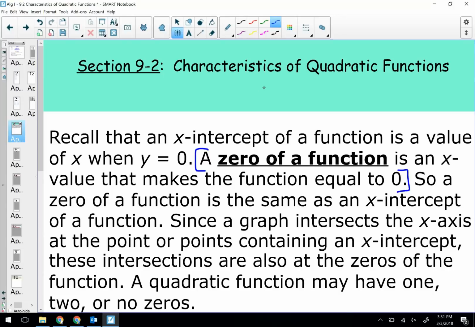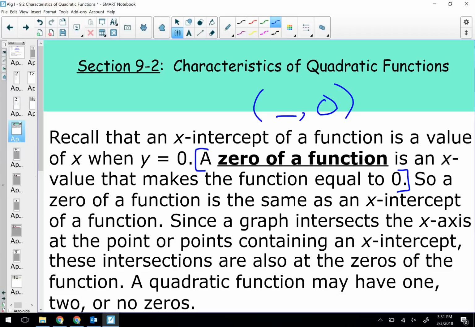That's the x value that makes the function, the y value, equal to 0. That's really just like an x-intercept, right? Something comma 0 is an x-intercept. So the zero of a function is the same as an x-intercept of a function.